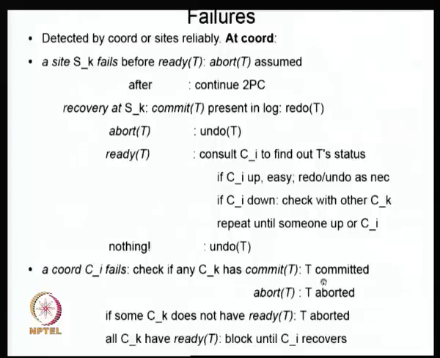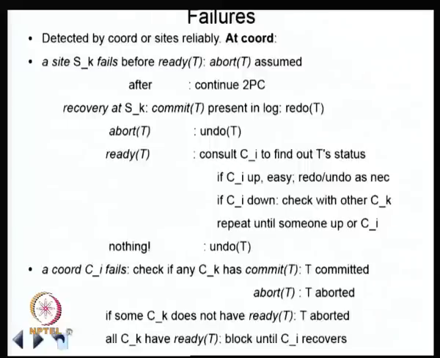Therefore, it makes sense to commit everywhere. If there is not a single site that has got commit, then it makes sense to abort, because that means the coordinator had not made up its mind about what had to be done, and aborting is a safe procedure. So basically, if any site has abort, you just abort, and if there is not a single site which has ready, then also aborting makes sense.